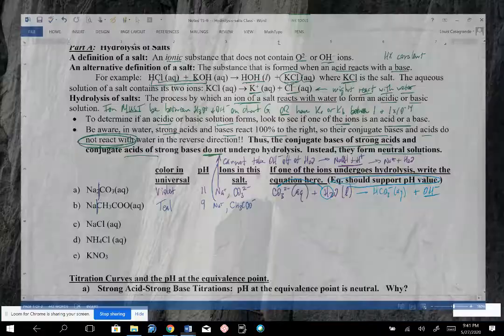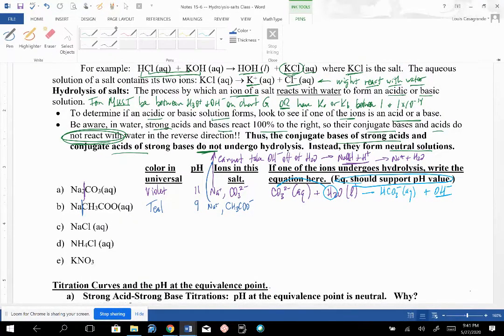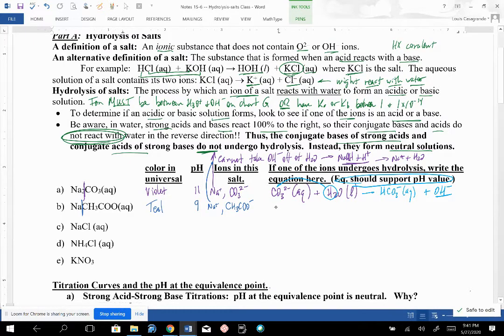Let's go back to our sheet so we can write CH3COO minus plus H2O. Again, we've got that water there. We're going to take that proton off. I'm not going to draw the arrow this time because it's going to get too sloppy.